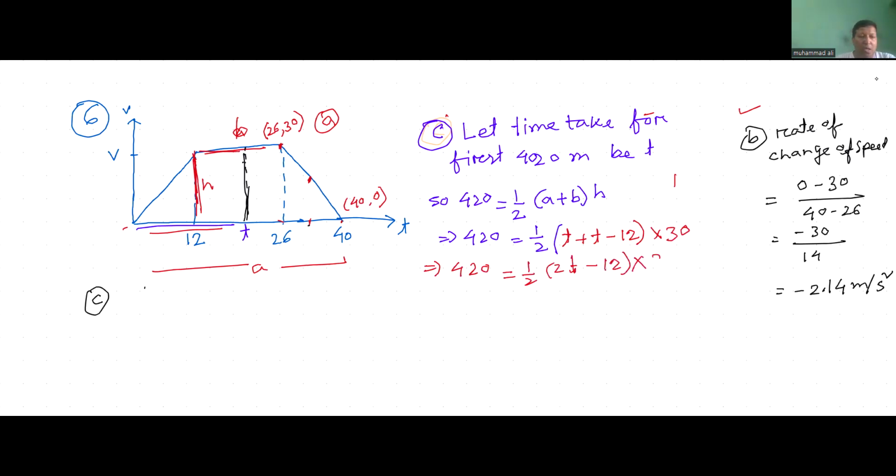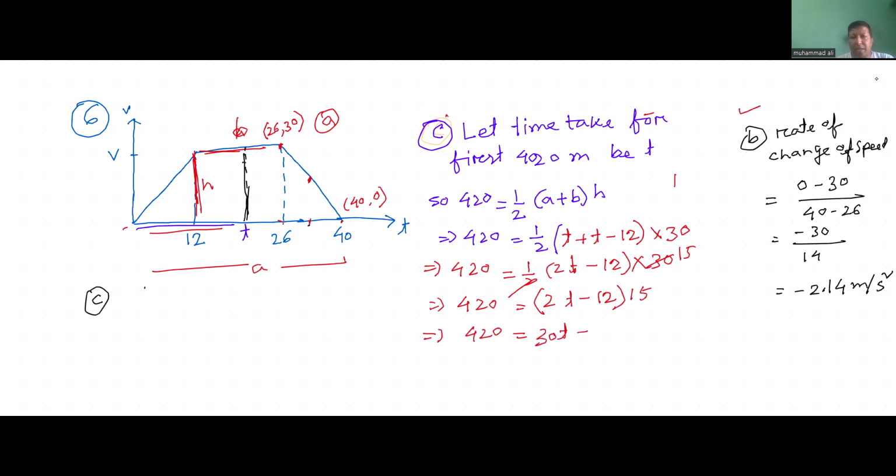Now, 420 equals (2T minus 12) multiplied by 15, since 2 and 30 cancel to give 15. So finally we get 420 equals 30T minus 180.